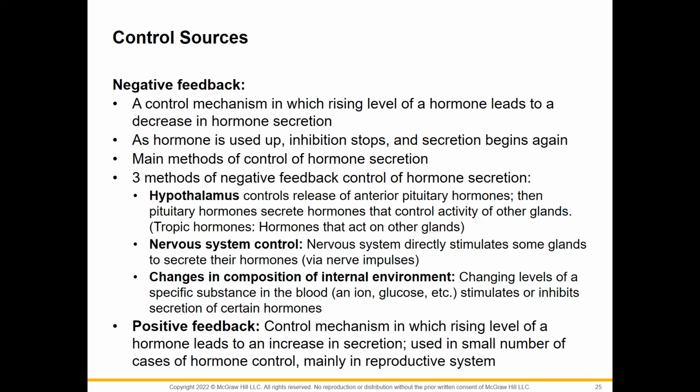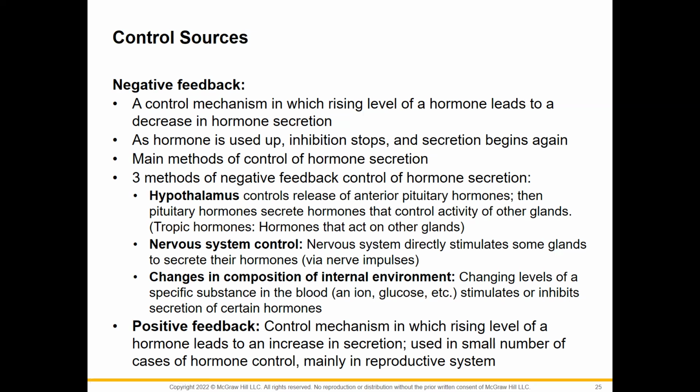That glucose is then moved from the digestive system into the body. It eventually gets into the bloodstream, and now you have an increase in glucose molecules in the bloodstream. That is a change in the internal environment because the environment of the bloodstream is now changed by an increase in glucose. That increase in glucose floating around in the blood will then stimulate the production of insulin.